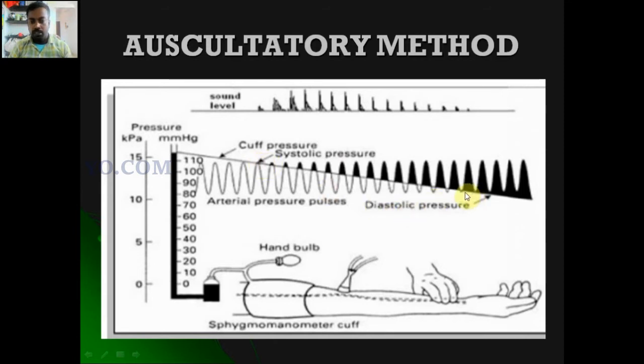The point at which the sound disappears is called diastolic pressure. There is no sound. The sound level is initially high at the time of the systolic pressure. At this point the diastolic pressure is very low, and that is how we can find the diastolic pressure. This way they are finding the pressure levels.